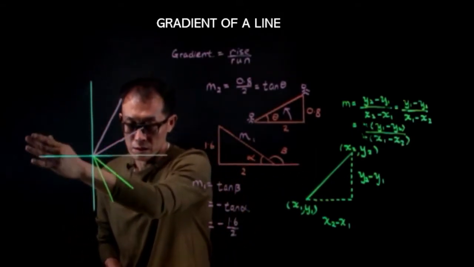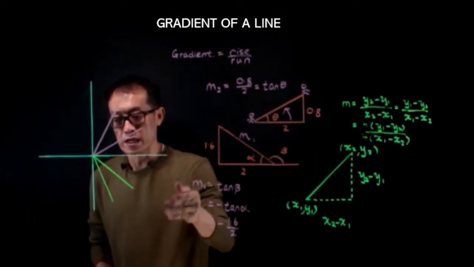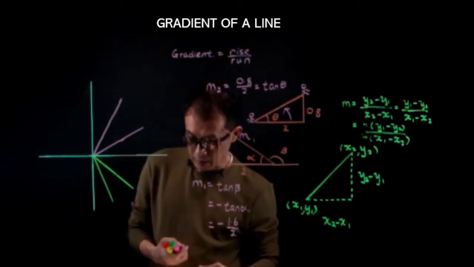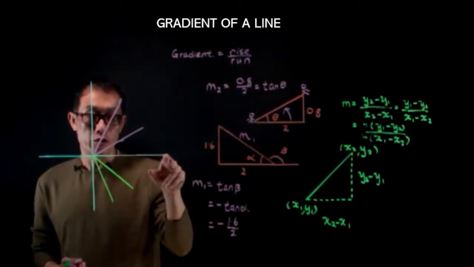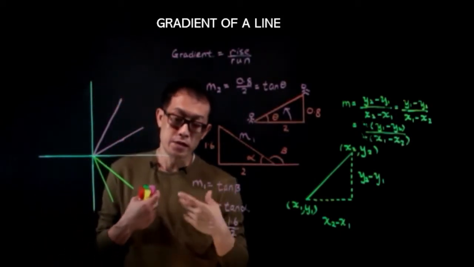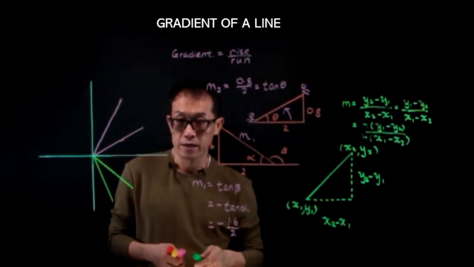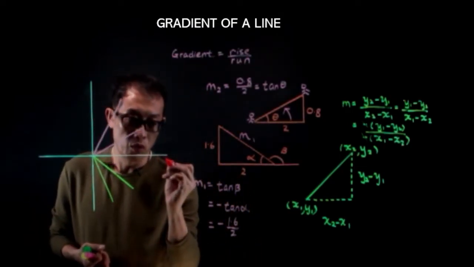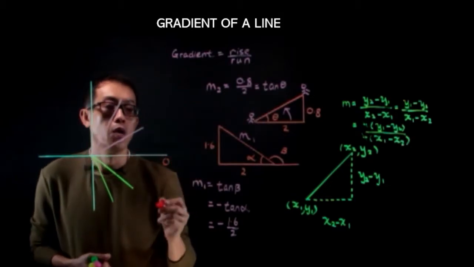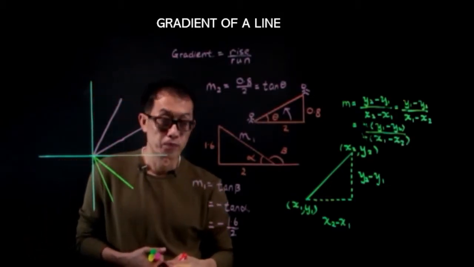Now, let's bring your attention to this diagram over here. If this is a horizontal line, what is the gradient of this line? The gradient of this line is 0. Why is this 0?